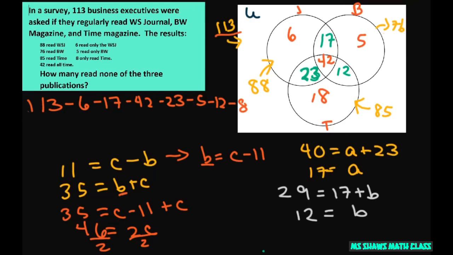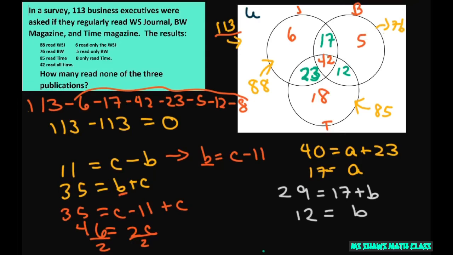When you add those up, you're going to get 113 minus 113, and that gives you 0. So what that means is that of all the businessmen surveyed, every single one of them read at least one of the 3 publications.